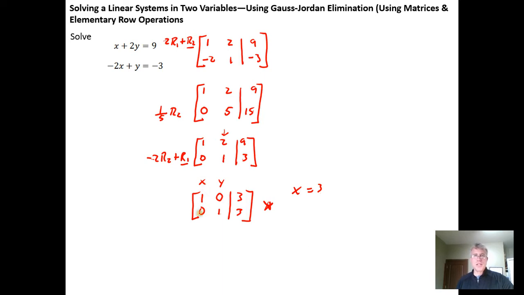And here this is saying 0x's plus 1y equals 3, which is the same as just saying y is equal to 3. So the solution then is the ordered pair 3, 3. So this is a case where we have two lines that intersect in a single point, and we're able to interpret that from the reduced row echelon form of the matrix.